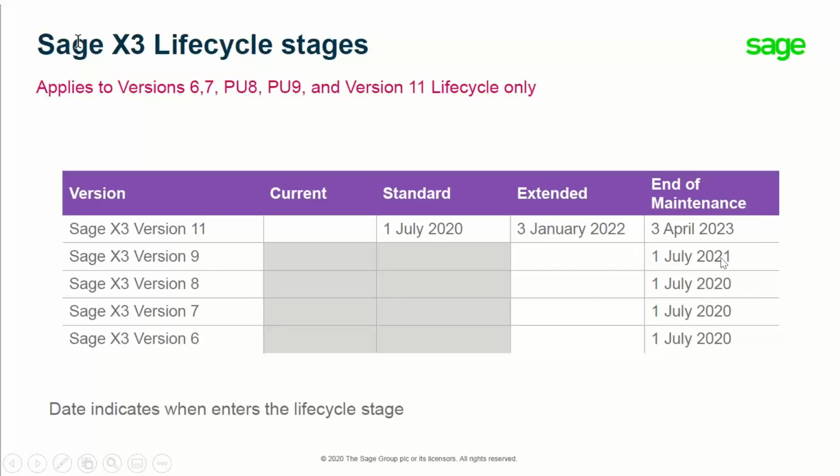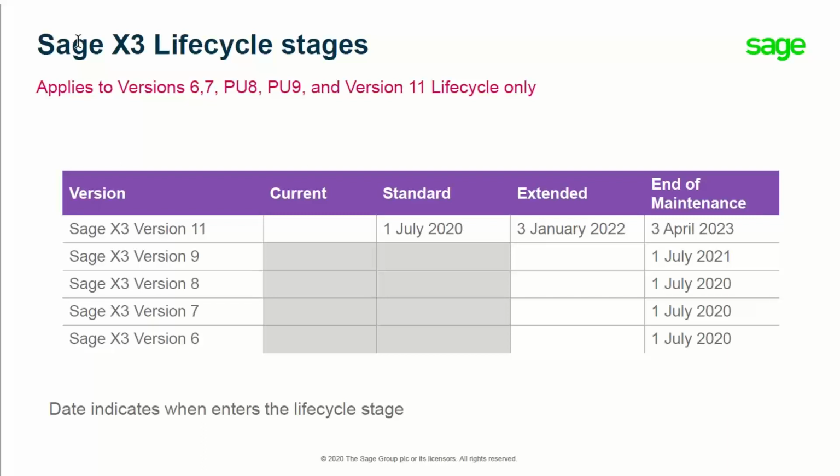And for version 9, it's next year, July next year. And for version 11, we are now in the standard stage, and then the extended stage will be on the 3rd of January 2022, and the end of maintenance of version 11 will be on the 3rd April 2020. So we really encourage partners and customers to discuss and to see how you want to plan to upgrade to the latest releases.